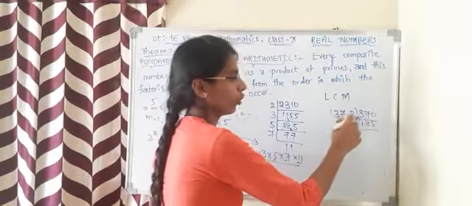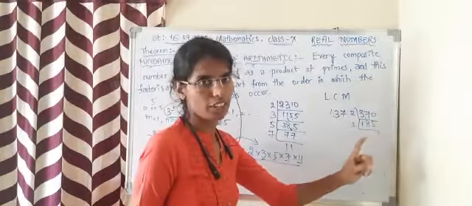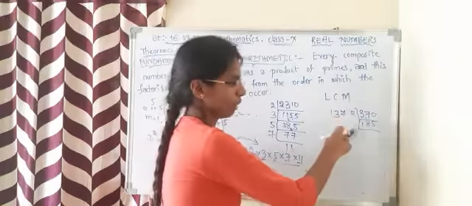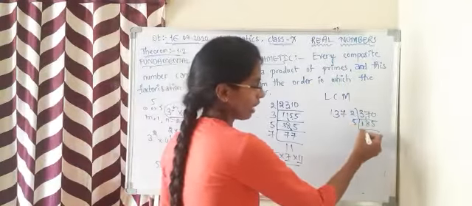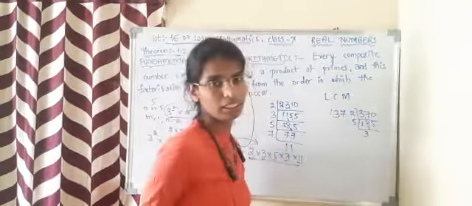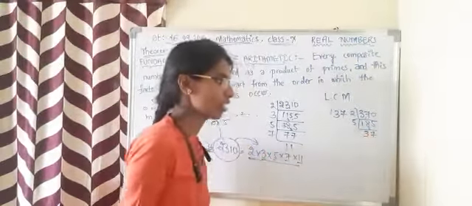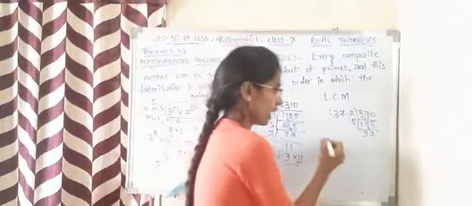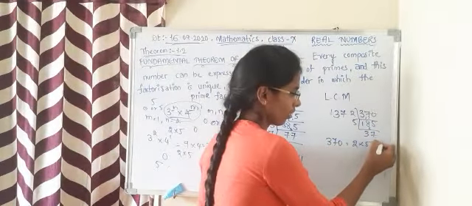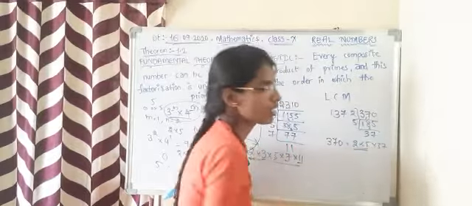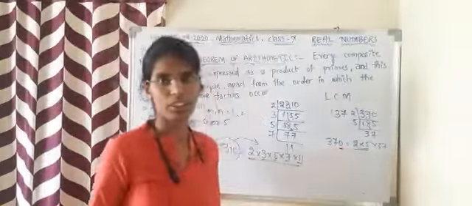Now it cannot go in the 3 table, because 3 sixes are 18, again 5 will remain, 5 will not go in the 3 table. So we shall directly take the 5 table. 5 threes are 15, 3 will remain, 5 sevens are 35. Again 37 is a prime number. So we can simply write it as 2 into 5 into 37. So we have these as prime factors. That is the reason we are getting 0 here.